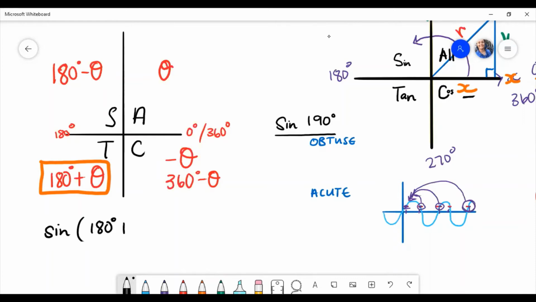And I'm going to equate the 190 to 180 plus 10. Then I'm going to find my quadrant and see, okay, but sine in this quadrant, which is what is positive and negative here, only tan is positive here. So sine is negative in this quadrant, which means my answer is going to be a negative sine answer.